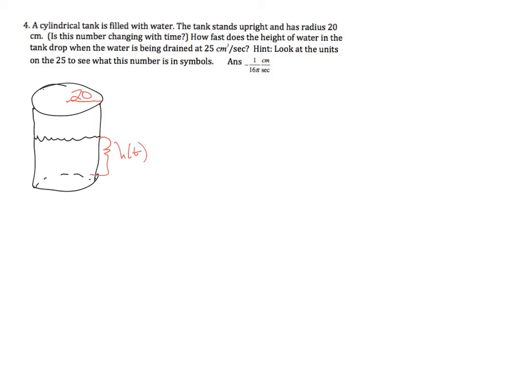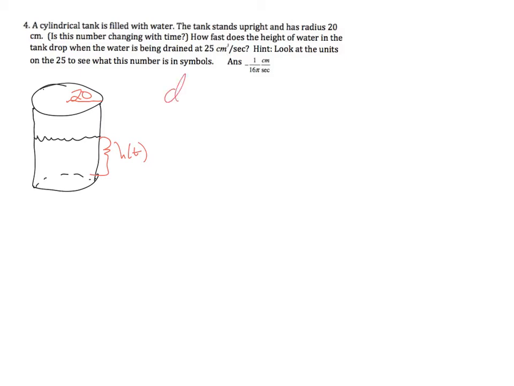Okay, so let's see, what am I given in the problem? It tells me that the tank is being drained at the rate of 25 cubic centimeters per second. And it says to look at the units on the 25 to see what this number is in symbols. Well, it says cubic centimeters, so that's a volume per second.